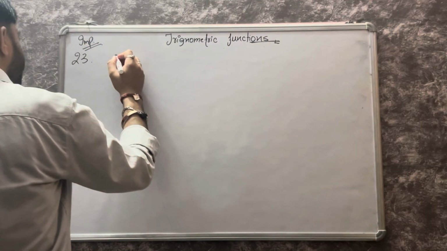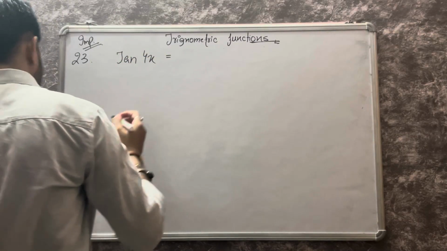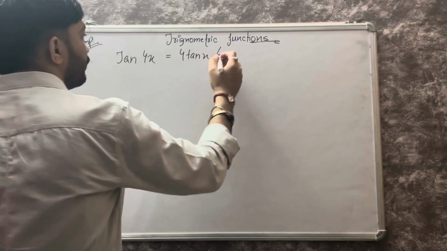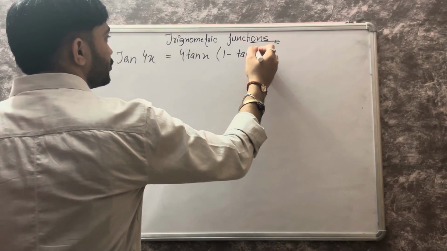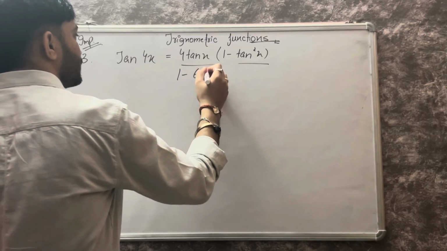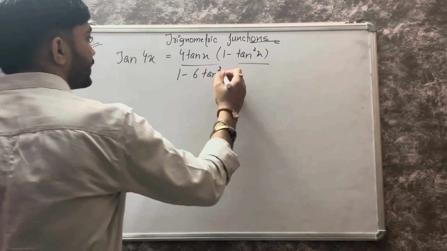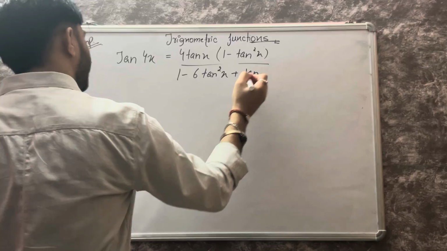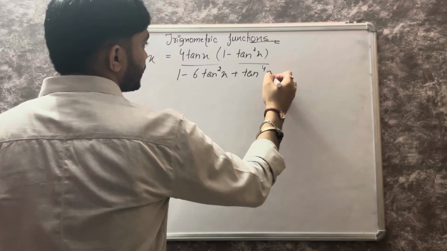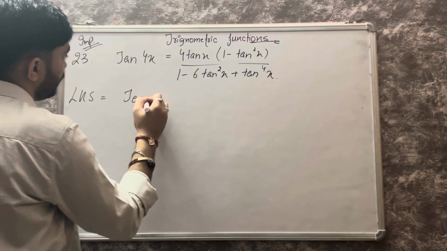We have to prove tan 4x equal to 4 tan x multiplied by 1 minus tan square x divided by 1 minus 6 tan square x plus tan to the power 4 x. Now let us take the left hand side, that is equal to tan of 4x.